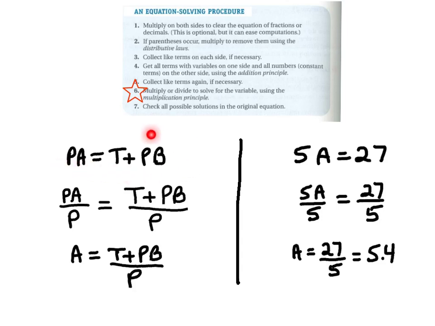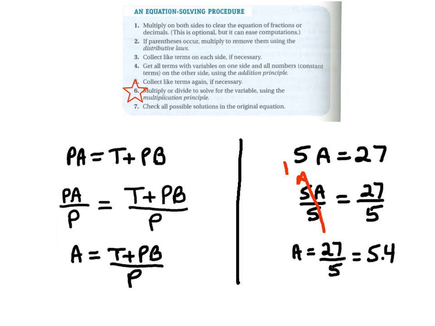Okay, so this is where we left off, and we are on to our final step now, where we can solve for the variable of interest. We do that by dividing by the coefficient, in this case p. If we go back to our parallel situation, with 5a equals 27, to solve that, we would divide by 5, leaving us with a is equal to 27 over 5, which is also equal to 5.4.